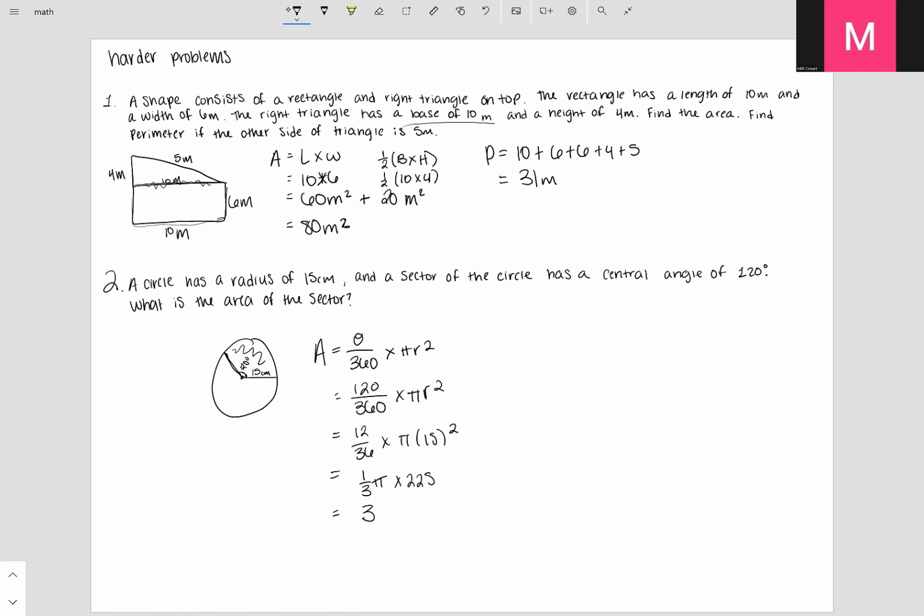Which in total equals 235.5 centimeters squared.